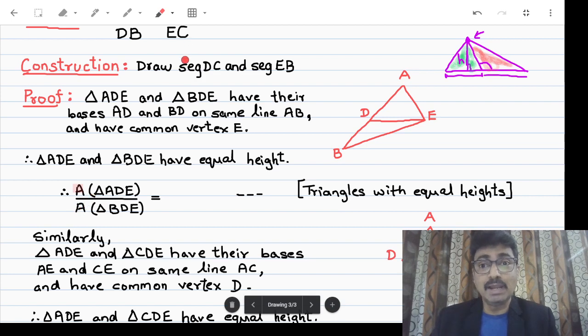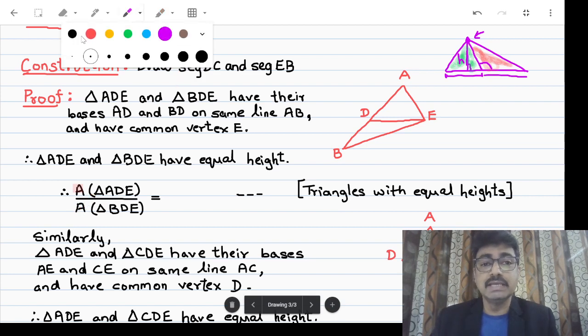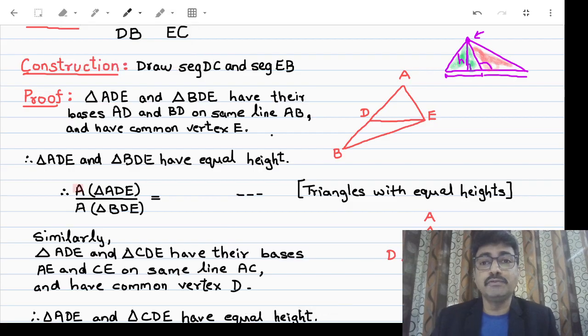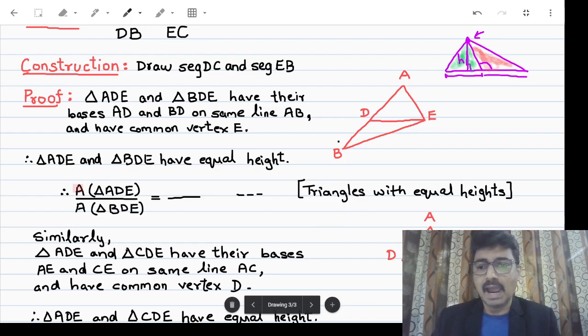If triangles have equal heights, the ratio of their areas is equal to the ratio of their bases. What are the bases here? AD and DB. So I will say the ratio of area of ADE upon area of BDE is equal to the ratio of their bases, AD upon DB.